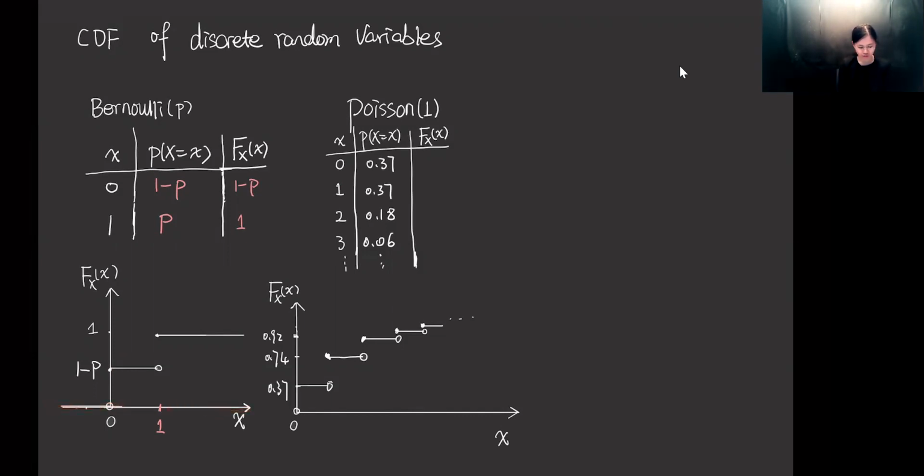For little x less than 0, it's clear that there is 0 probability that the Bernoulli random variable can be less than that negative number. Therefore, the CDF on this portion should be 0.